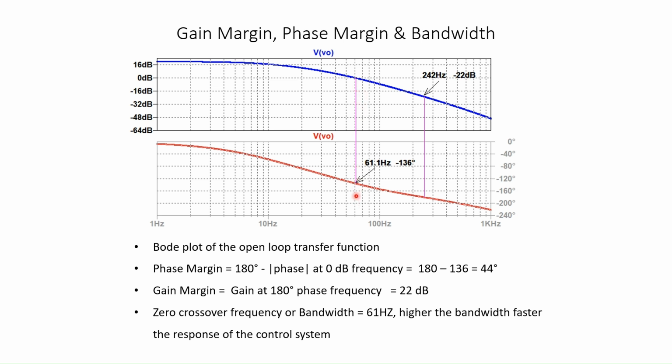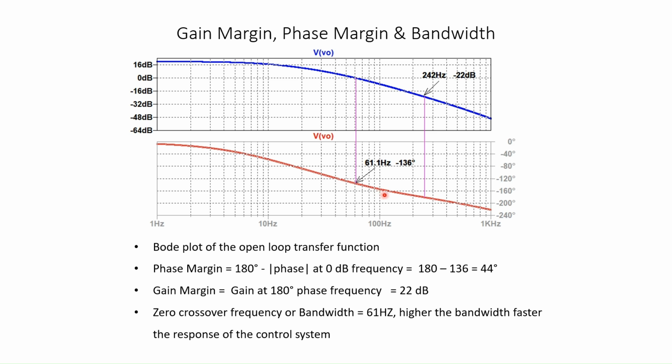How far the phase is away from 180 degrees at the 0 dB crossover frequency is the phase margin. Here the 0 dB crossover frequency is 61 Hz and the phase at 61 Hz is minus 136 degrees. So that is 44 degrees away from 180 degrees. So 44 degrees is the phase margin.